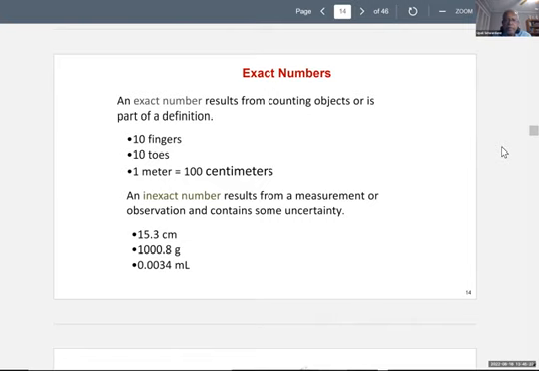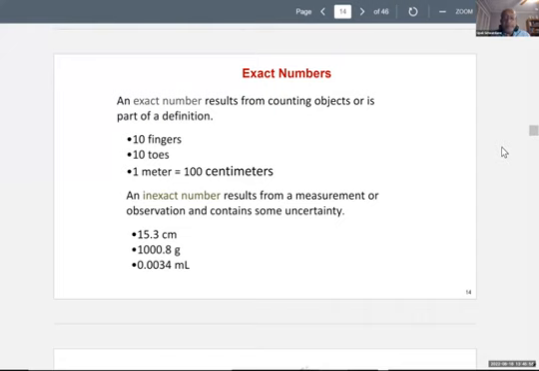What is an exact number? An exact number is one found in unit conversion factors that comes from a definition. For example, 1 inch is equal to 2.54 centimeters. Inexact numbers result from measurement or observation and contain some uncertainty.